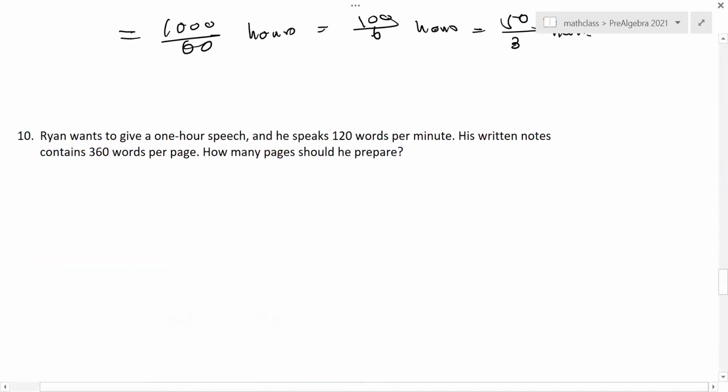For example, here. Ryan wants to give a 1 hour speech. He speaks about 120 words per minute. His written notes contain 360 words per page. How many pages should he prepare?